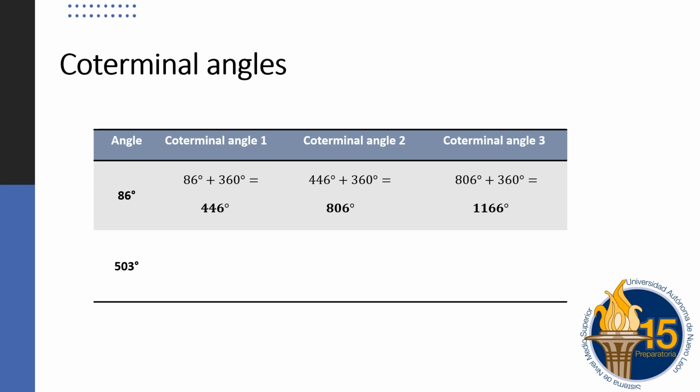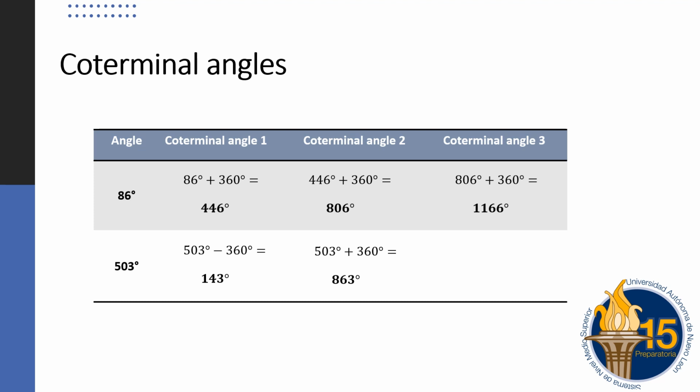For angle 503 degrees, a coterminal angle is 143 degrees. That is because we can also subtract 360 degrees to determine a coterminal angle. 863 degrees is a coterminal angle to 503 degrees, because 503 degrees plus 360 degrees is 863 degrees.